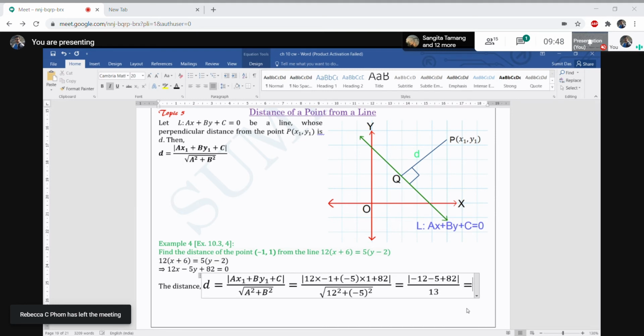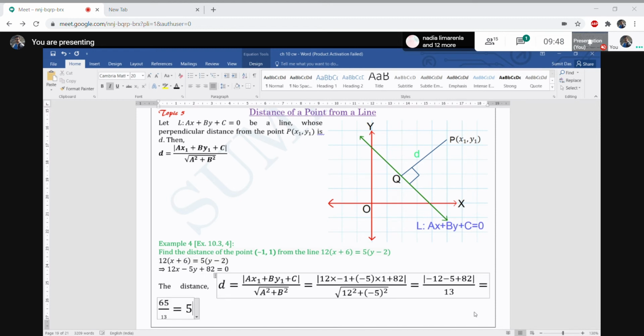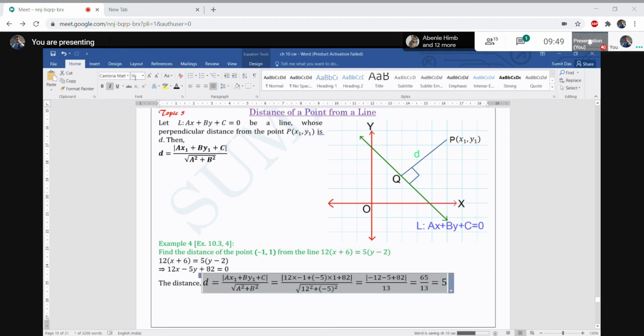Which is equal to minus 17, minus 17 plus 82 means 65, I guess. Yes, 65, and 65 divided by 13 is equal to 5.